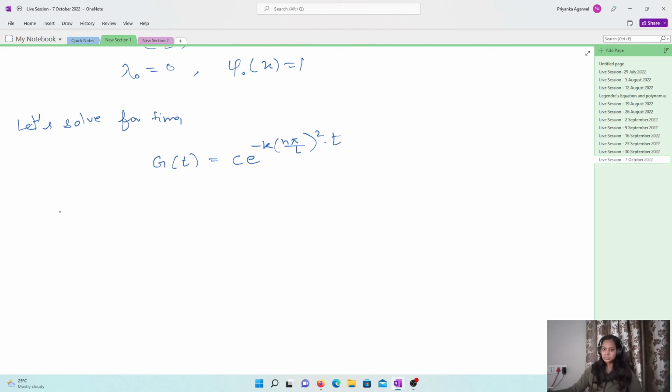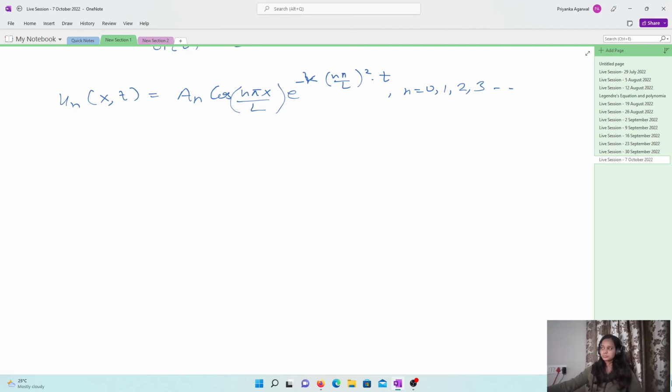So the product solution will be u n of x comma t equals some constant A n cos n pi x over L e to the power minus k n pi over L squared times t, where n is equal to 0, 1, 2, 3 and so on.